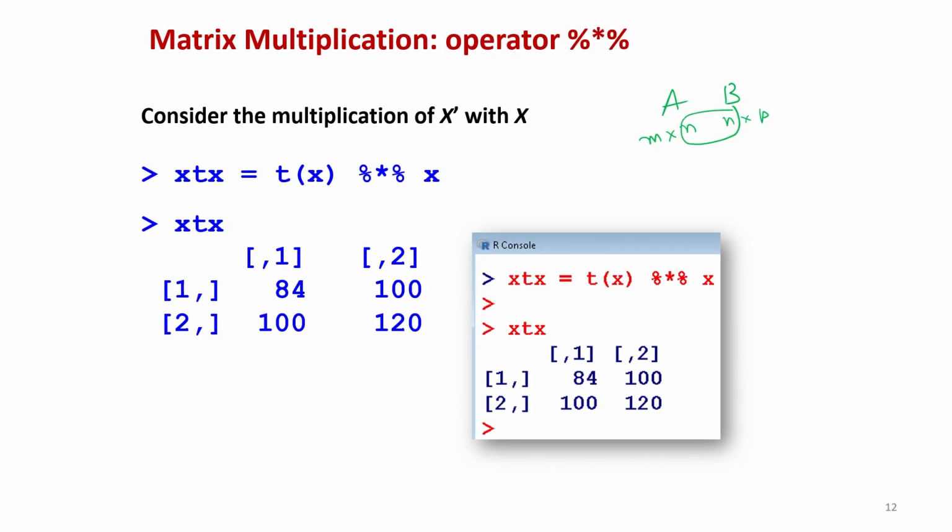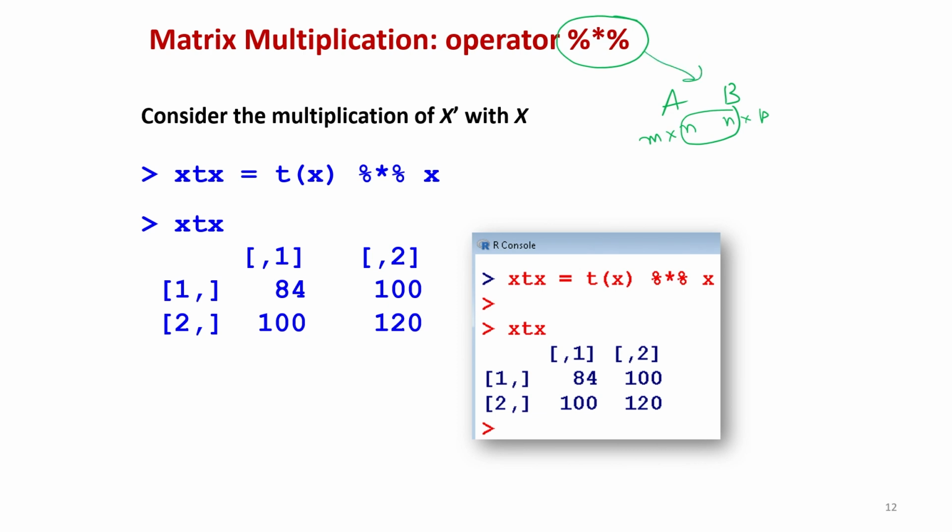If I consider these two matrices, the first thing to keep in mind is that the matrix multiplication operator is percent star percent. This facilitates the matrix multiplication of these two matrices.